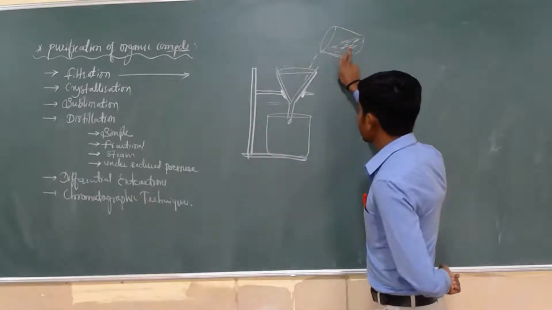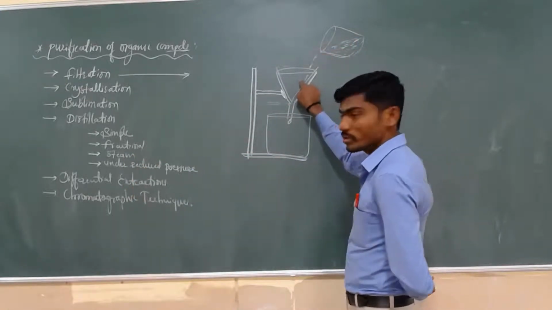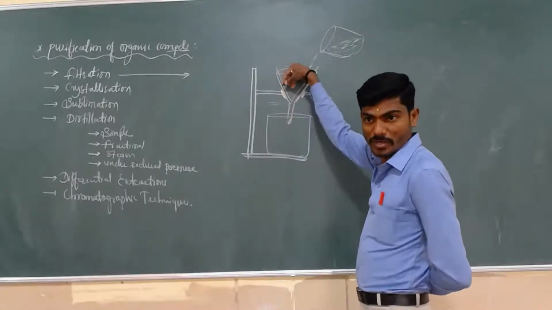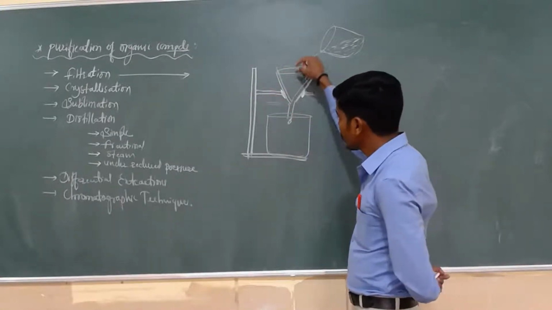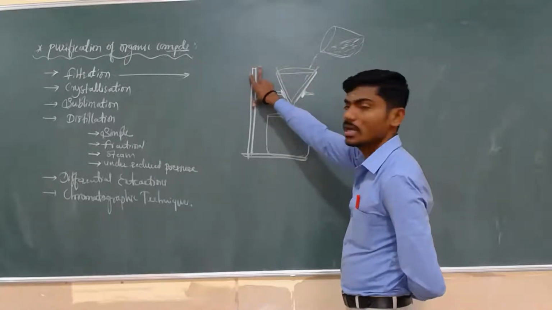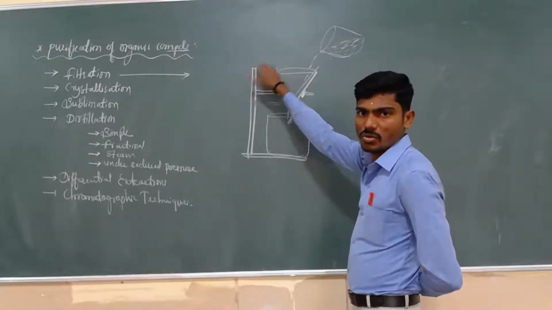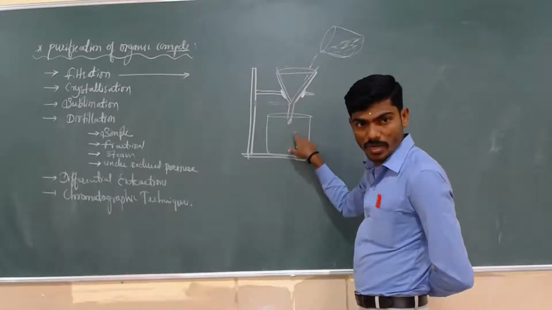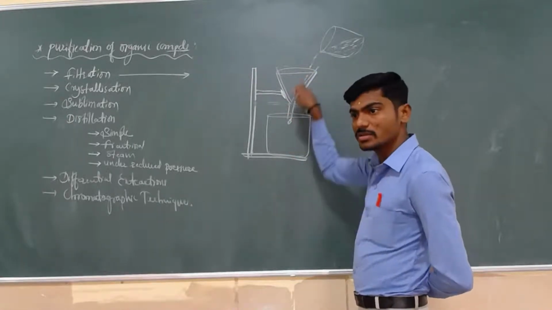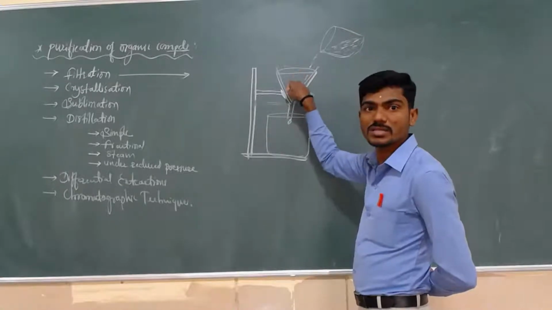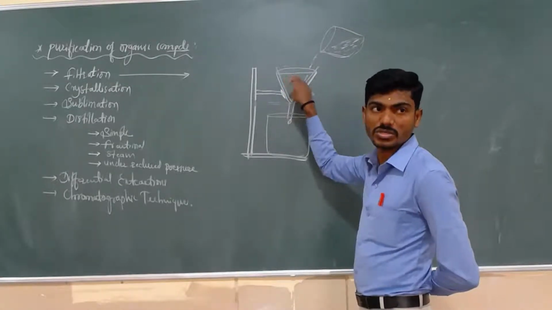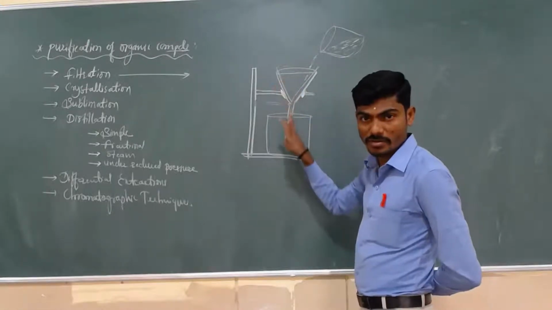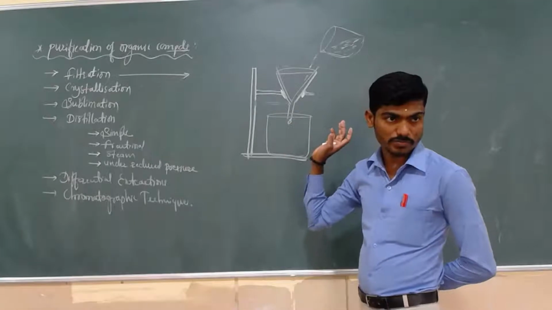This solution is slowly added to the funnel in which the filter paper is placed, attached to the iron stand. Slowly the soluble component passes through the filter paper and is separated, whereas the insoluble component remains on the filter paper. This we call the residue. So insoluble component can be separated from soluble component.